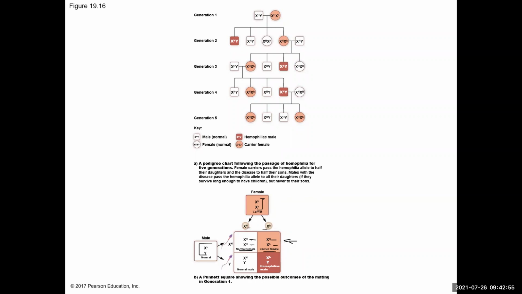The male offspring has a 50% chance not to have it, because they will get the Y from the male and the dominant from the female, so they're a normal male, or they get the Y from the male and the recessive allele from the female, meaning that they have that disease.